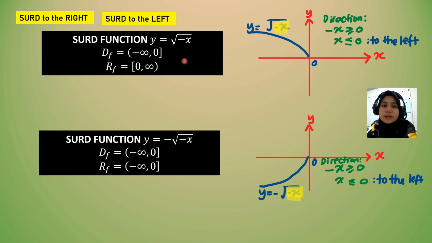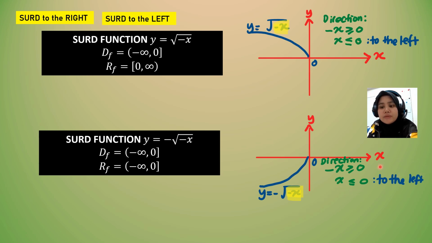Macam mana kita nak tentukan? Tengok kepada kita punya luar surd di depan surd ni. Ada positif ataupun negatif. Kalau positif bermakna berada atas paksi x. Kalau negatif, that mean berada di bawah paksi x. So kita tengok yang graf yang di bawah. I said what? Take term inside surd greater equal to 0. So here negative x greater equal to 0. So at the end we get x less equal to 0.